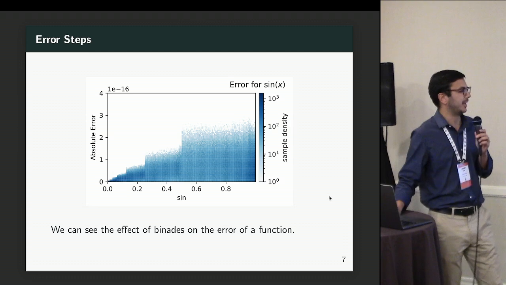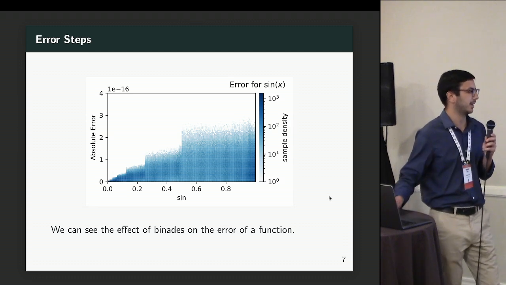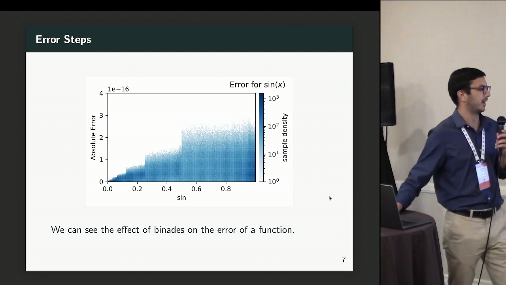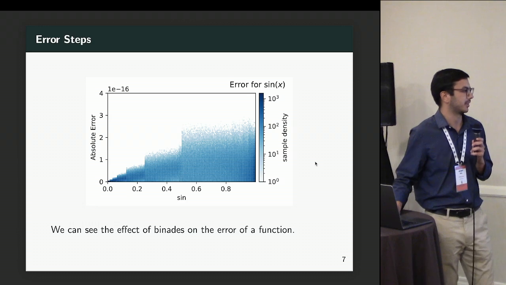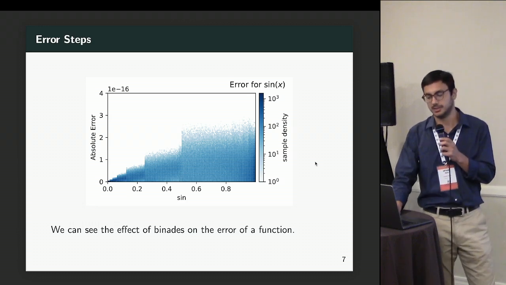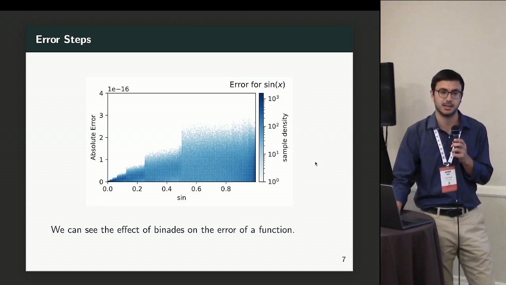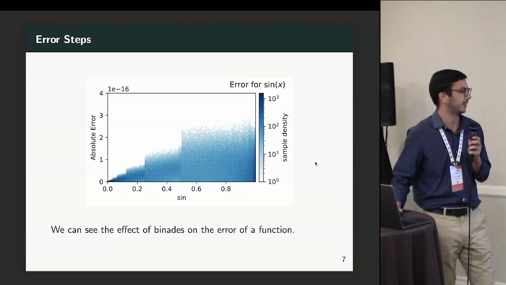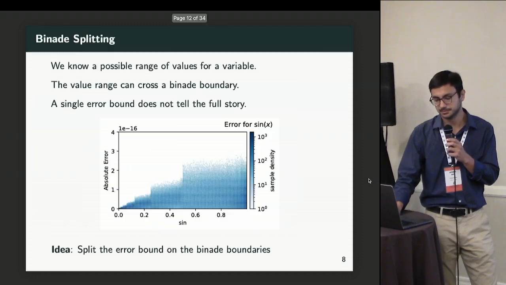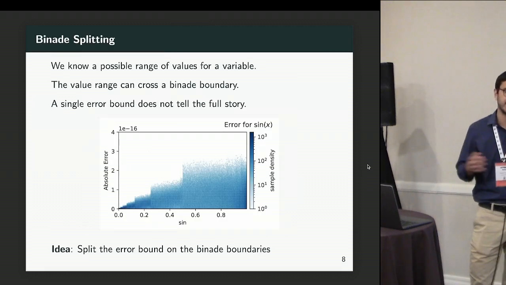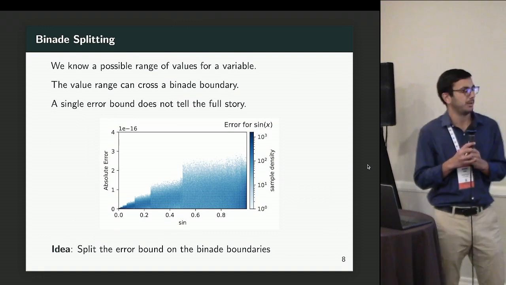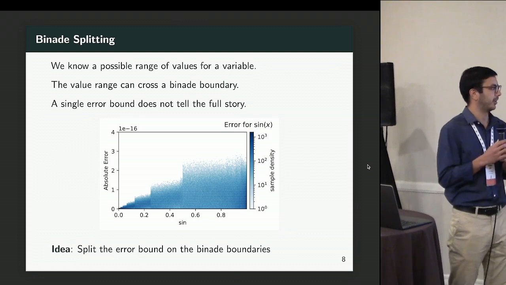So this is sort of the nature of floating point numbers, which can be very complex as you have longer and more intricate programs. But clearly this has an effect on the actual error that you see. And so our goal is to use this behavior to provide a nice error bound for the user. When doing static analysis, we know a possible range of values for a variable. And typically people will give a single error bound for that variable.